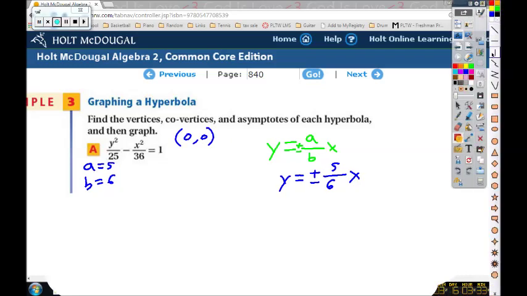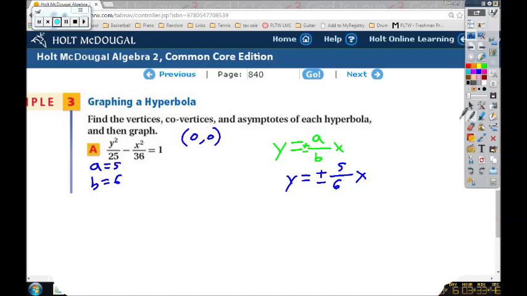So go ahead and draw my axes. Okay, so there's my axis.